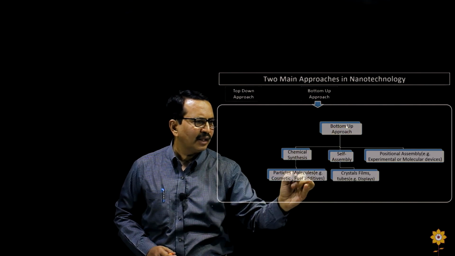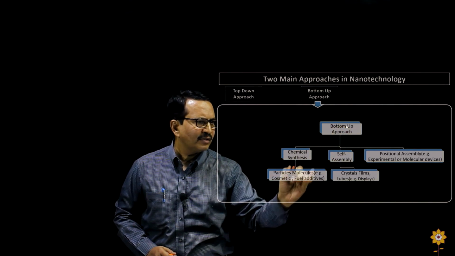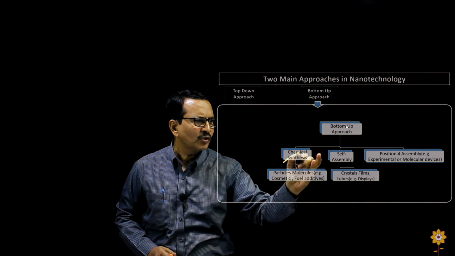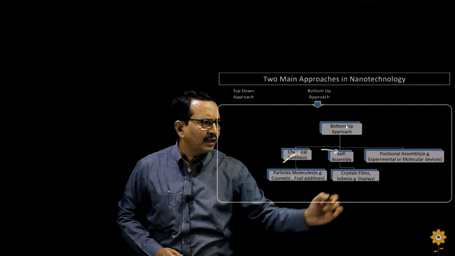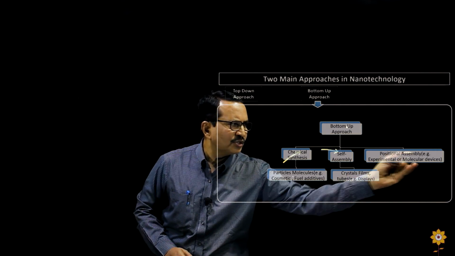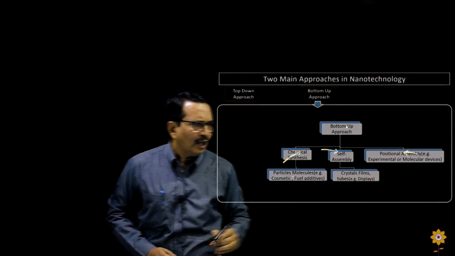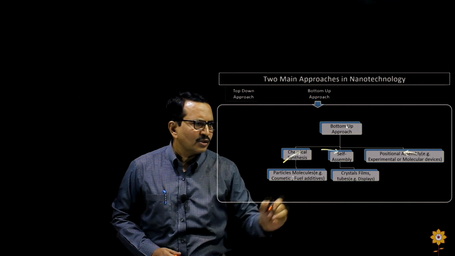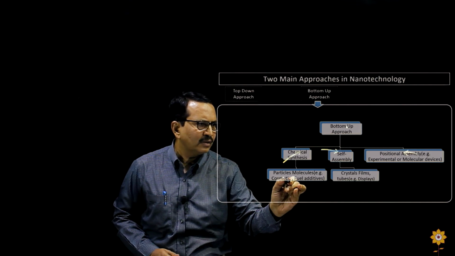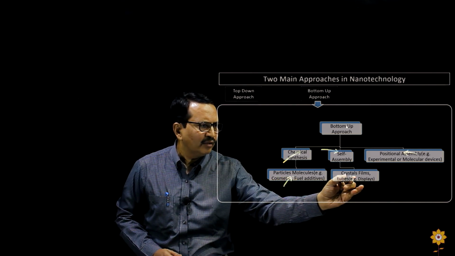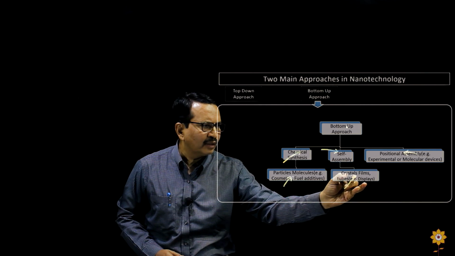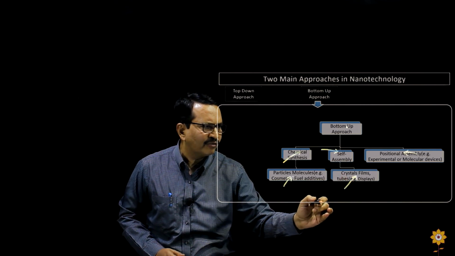What we have is nothing but the chemical synthesis over here. Then we have the self assembly, right? And we have the positional assembly. Under the chemical synthesis, what we have is the synthesis of the particles or the molecules. And under the self assembly, we also have the example of crystals and films.